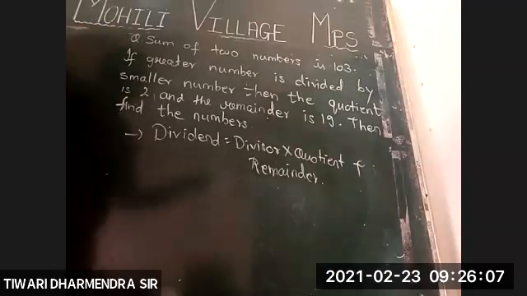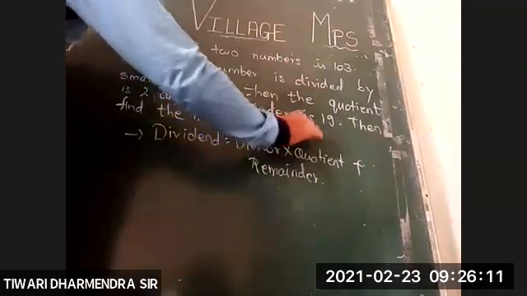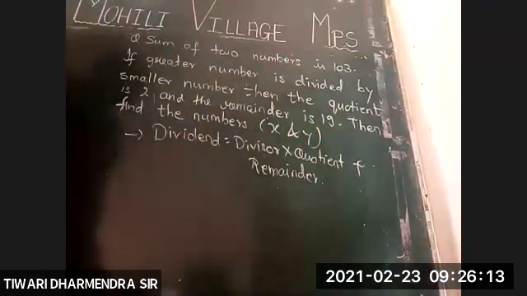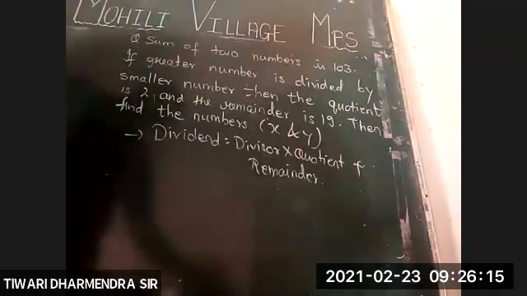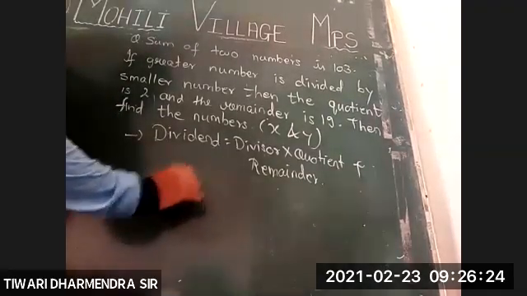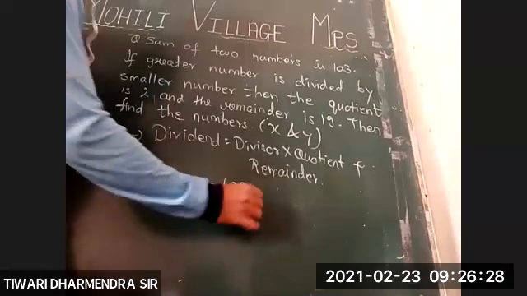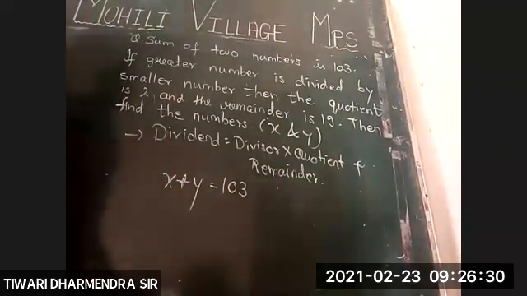The two numbers that you are assuming are x and y, and their sum is given to be 103. So according to the first mathematical condition, x plus y is equal to 103. This is your equation number 1.